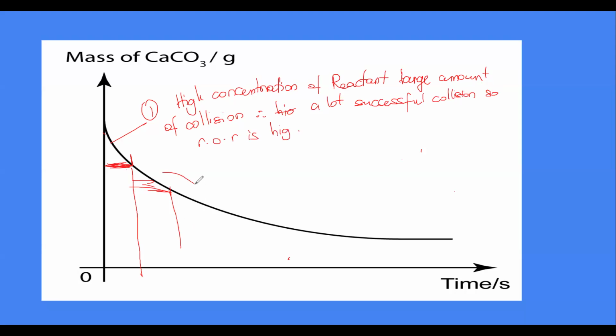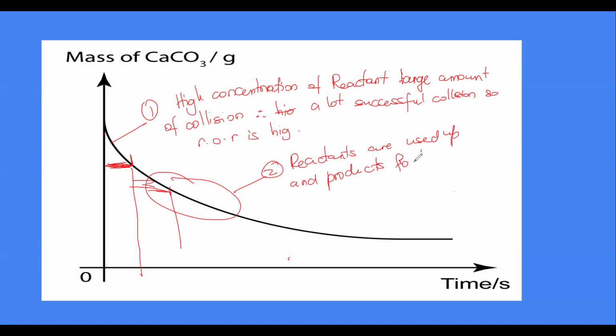When we get to this section of the graph here, the reactants are being used up and products form. So less collision is occurring between reactants.